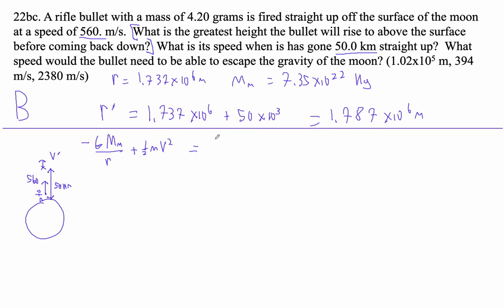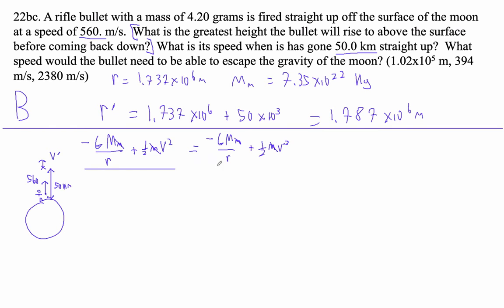That's going to equal, at the new elevation, minus G, mass of the moon, mass of the bullet, over r, plus 1/2 m, and we're solving for this new velocity. I'll call it v prime. Now notice that the mass of the bullet actually cancels from all of these. This makes sense because if the bullet had more mass, it would have more kinetic energy, but it would require more energy, in the same proportion, to remove it from the surface of the moon.